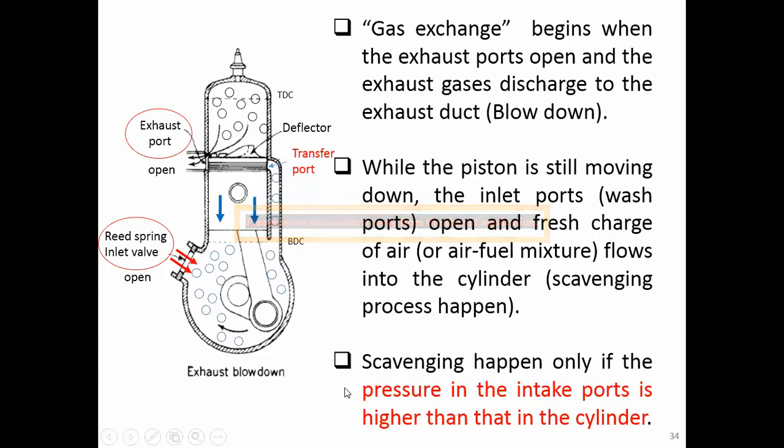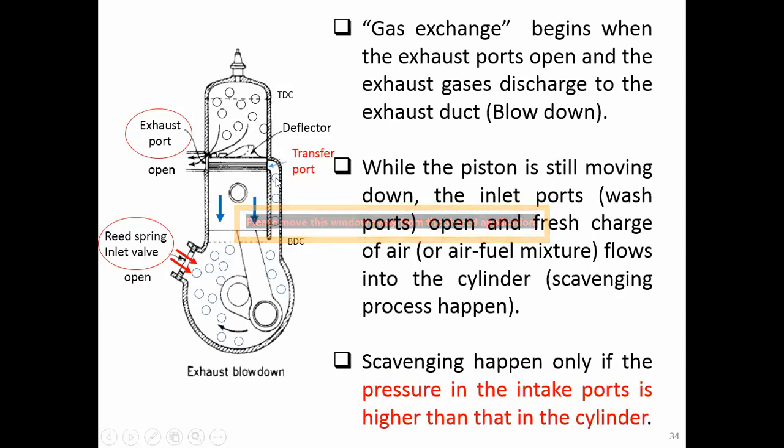Okay, and the condition for the scavenging process to happen is only when the pressure in the intake port, the pressure that comes with the air-fuel mixture or the air through the inlet port here, has to be higher than the pressure in the cylinder.